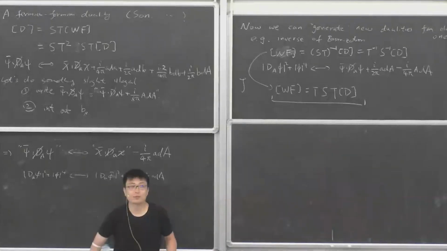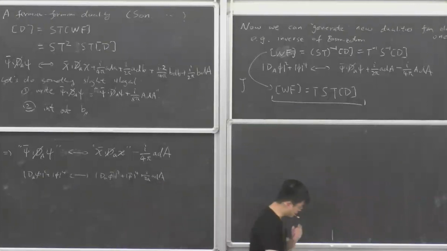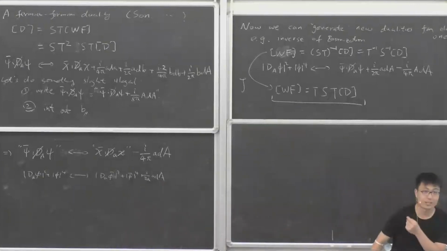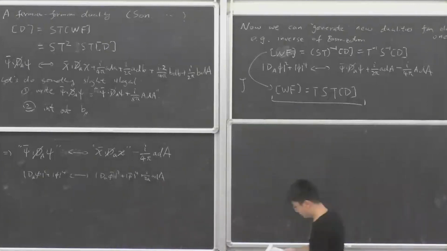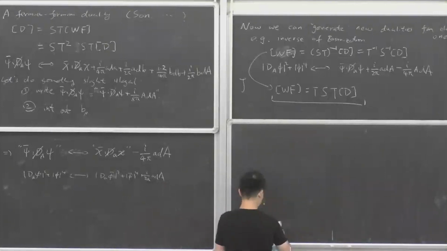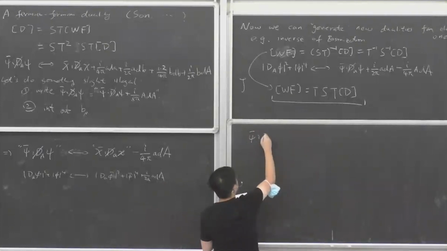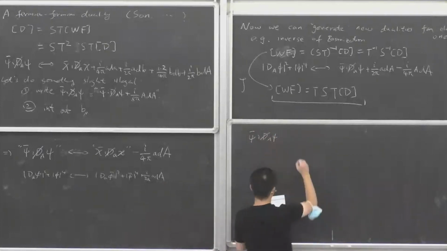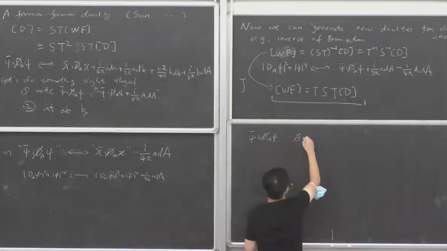Let's think about starting from a Dirac fermion and putting it under a constant magnetic field. So just this good old Dirac fermion, but turn on a magnetic field.